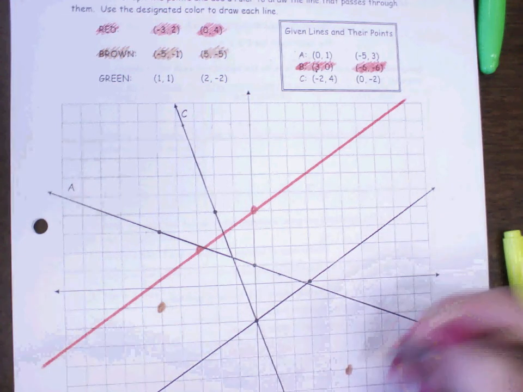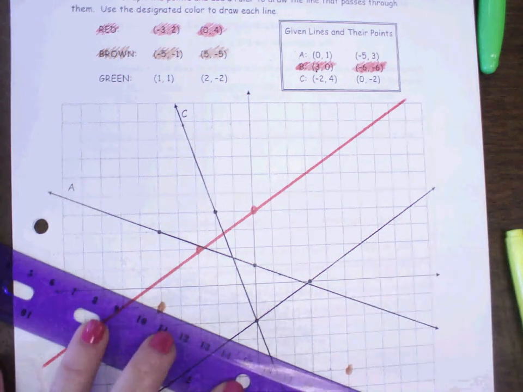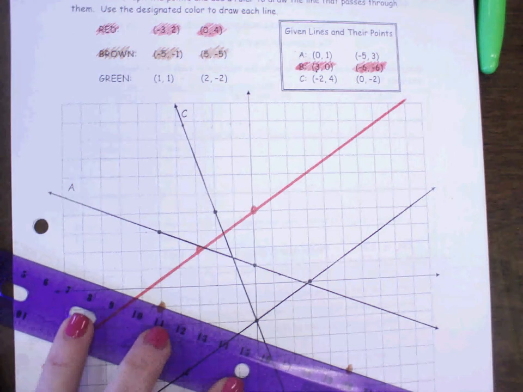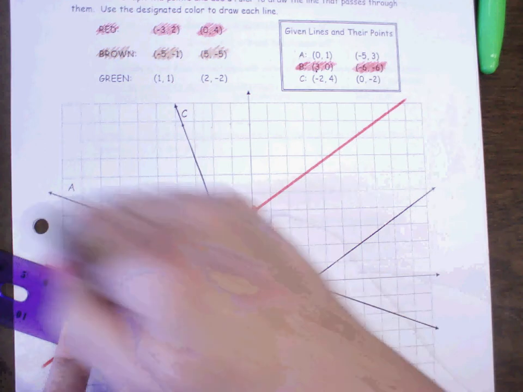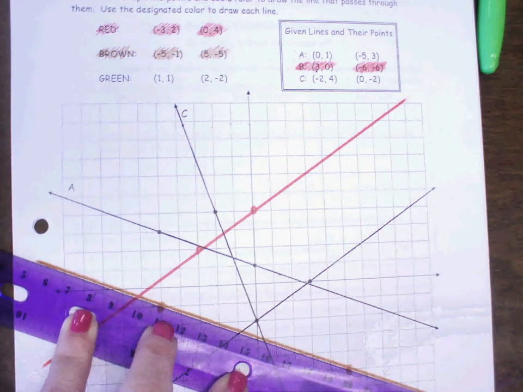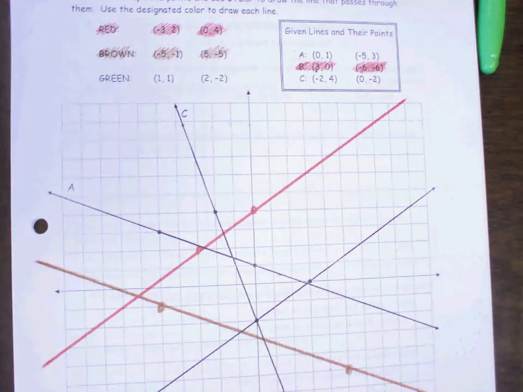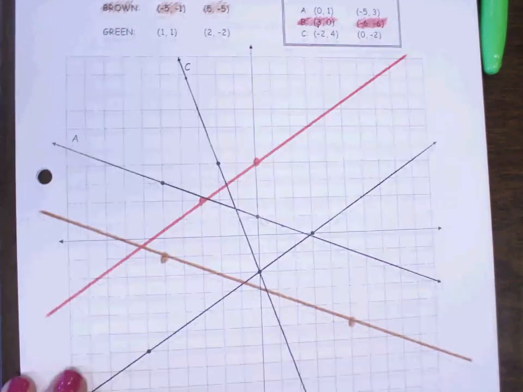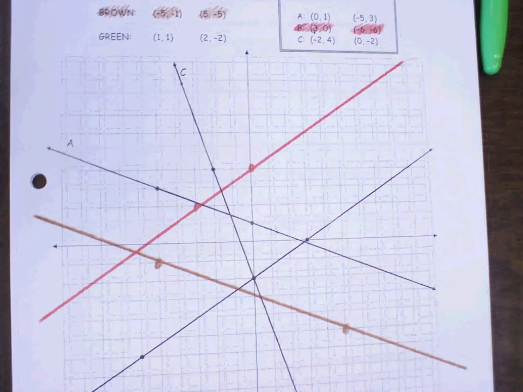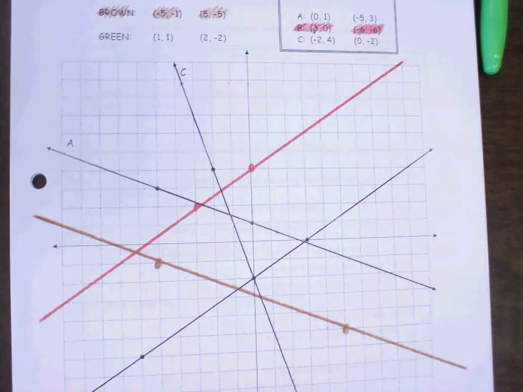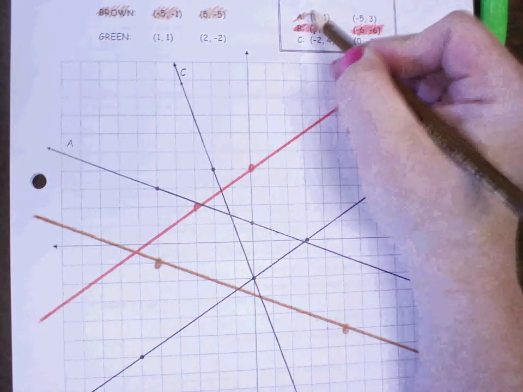And then let's go ahead and connect those points. All right. So that line seems to be parallel with which one? With A. Very good. It seems to be parallel with A.